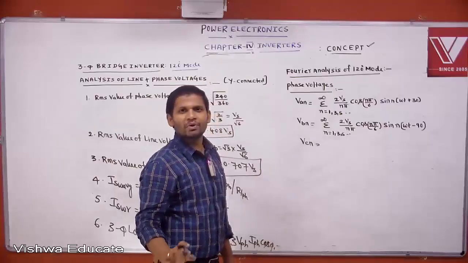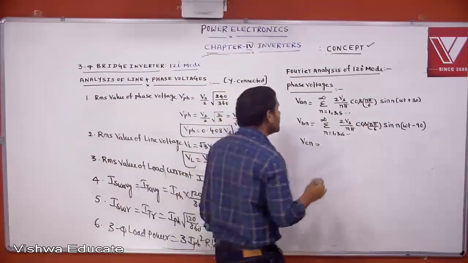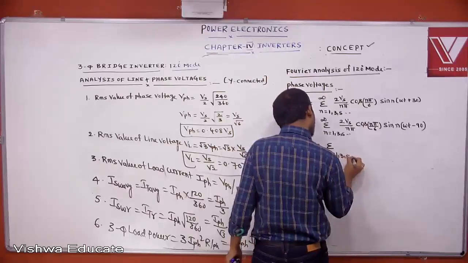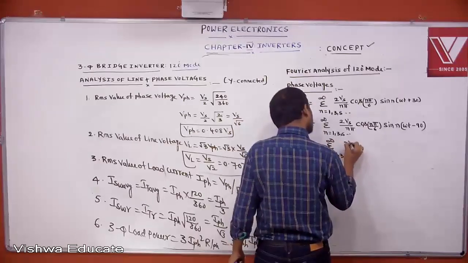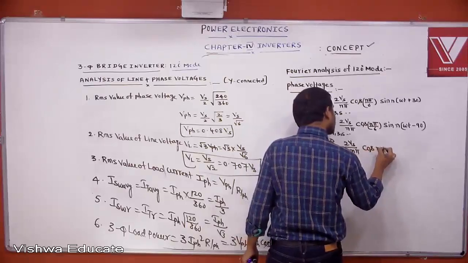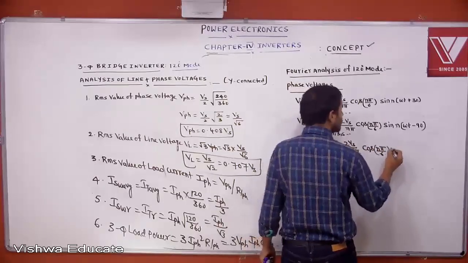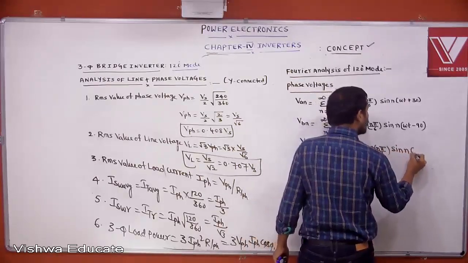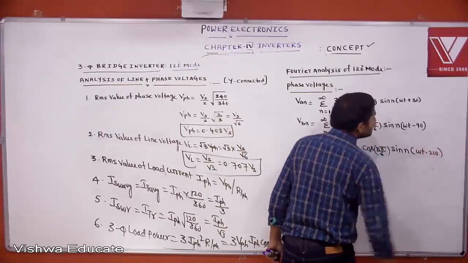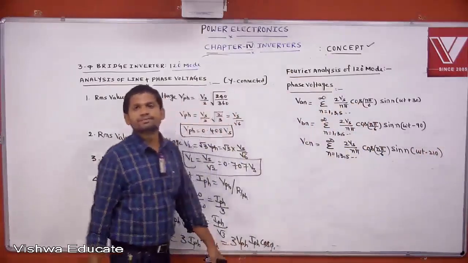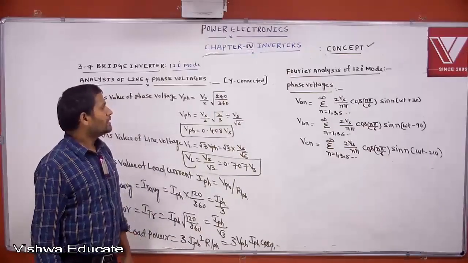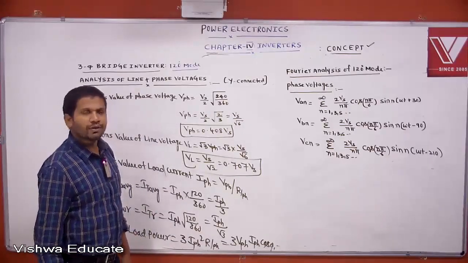How to write the amplitude, that you know. Then VCN equal to summation n equal to 1, 3, 5 up to infinity of 2 Vs by n pi, cos of n pi by 6, sin of n omega t minus 210. That you can write. Okay, these are the phase voltages VAN, VBN, VCN.